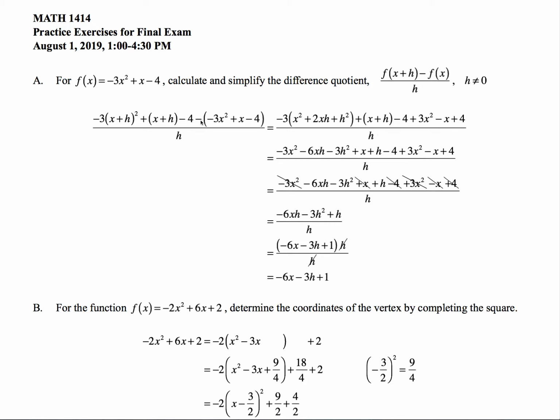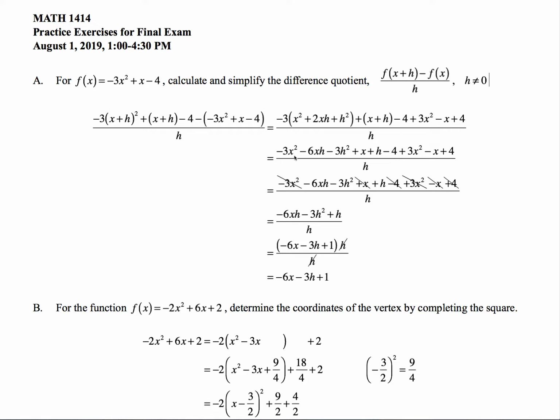When we subtract the function, this subtraction has to be distributed to every term in the function. So negative 3x squared is positive 3x squared. Negative x is here, negative x, and then negative 4 is positive 4. So yes, I've distributed here and here.